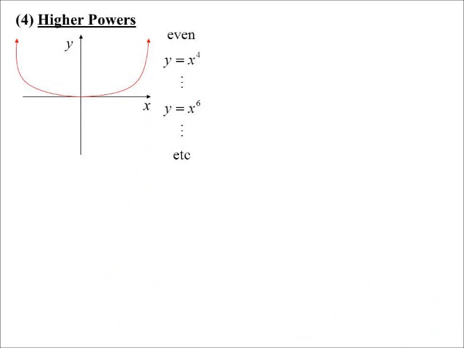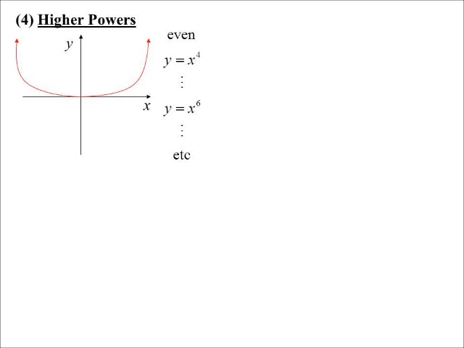All right, higher powers. Let's keep going up with the polynomials. Basically, even powers will all have a U shape, like the parabola. Only x squared is called the parabola. The others still have a U shape. They're not parabolas, they have a U shape. And what happens as the powers get bigger is the curve gets flatter at the base, which I've tried to exaggerate here, flatter at the base, steeper at the sides.